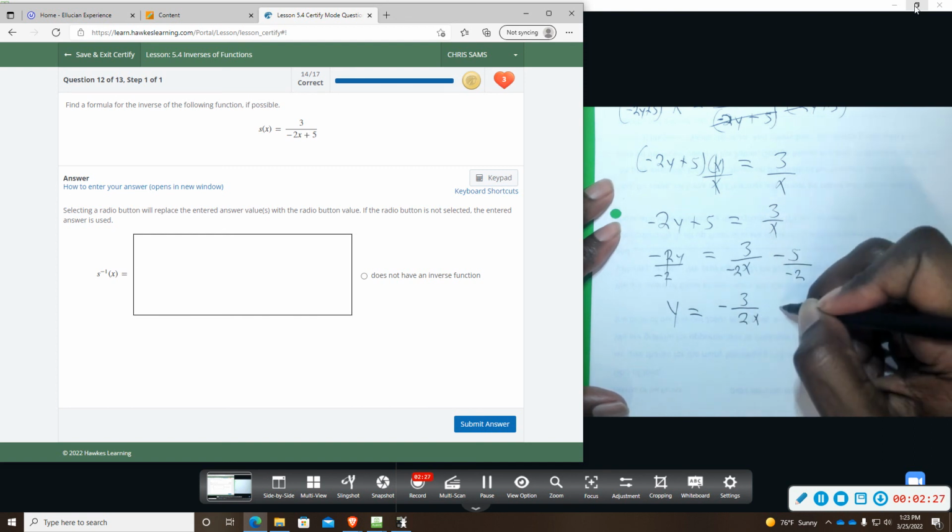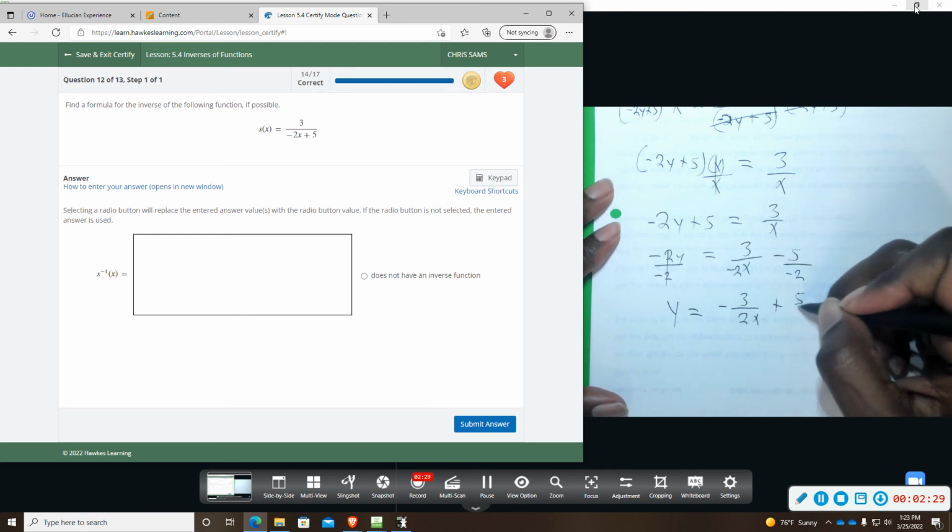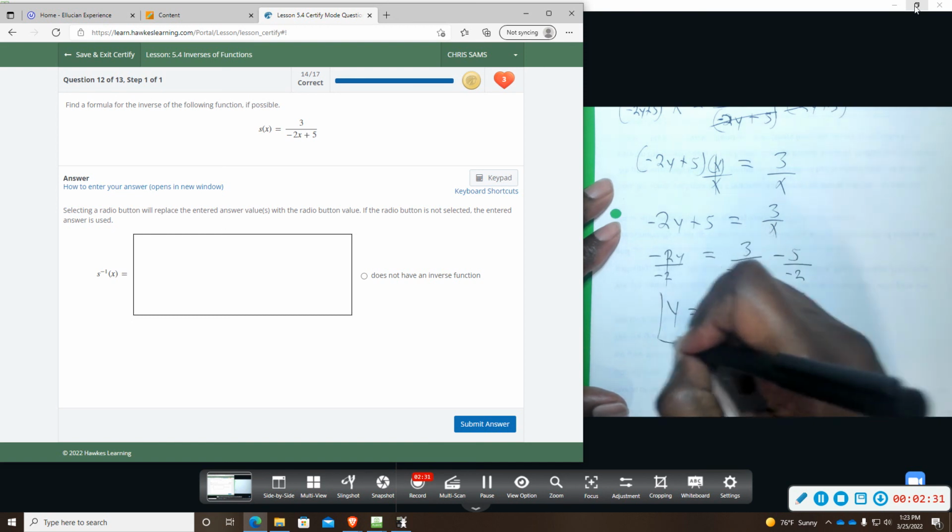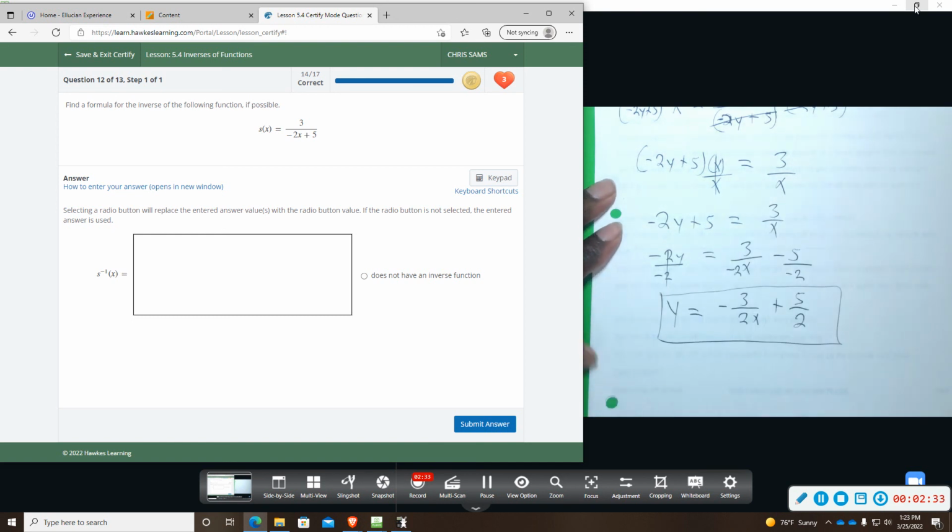Negative divided by negative is a positive, and I will just leave it as 5 over 2 since it won't come out to be a whole number. So we'll do negative 3 over 2x, and then plus 5 divided by 2. I wrote that wrong. 5 over 2.